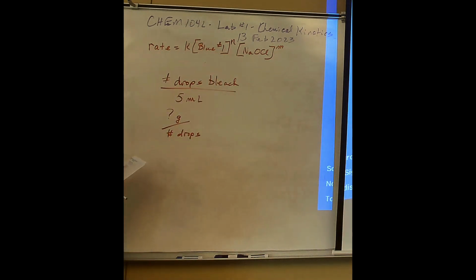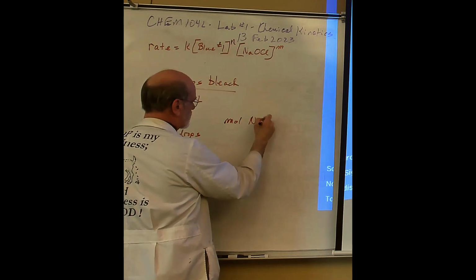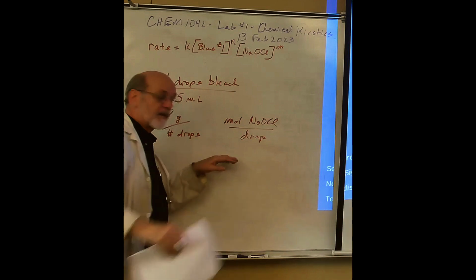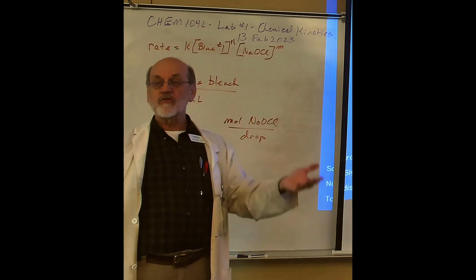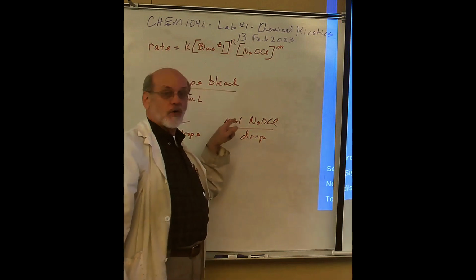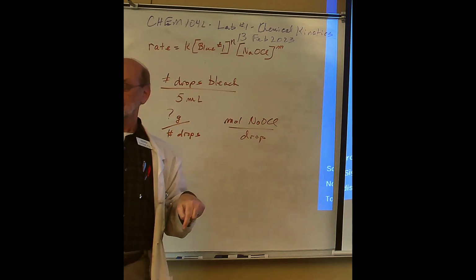Once you know the mass of so many drops, then you can calculate the moles of sodium hypochlorite per drop. That means when you add, say, 10 drops to your mixture, you know how many moles of sodium hypochlorite you added to that mixture.